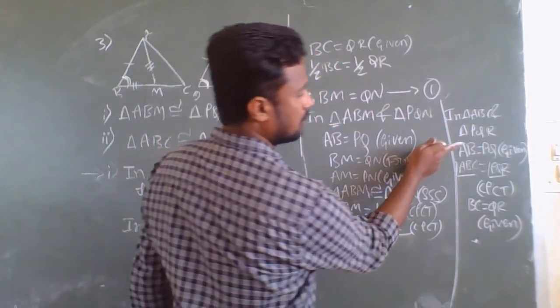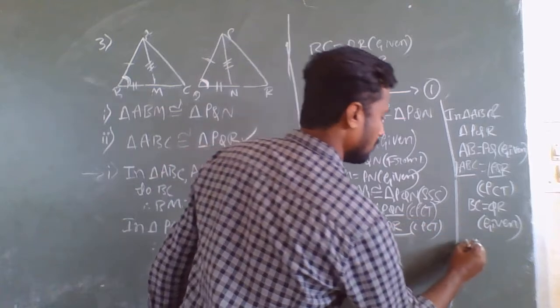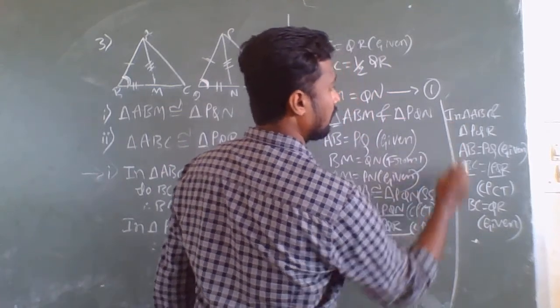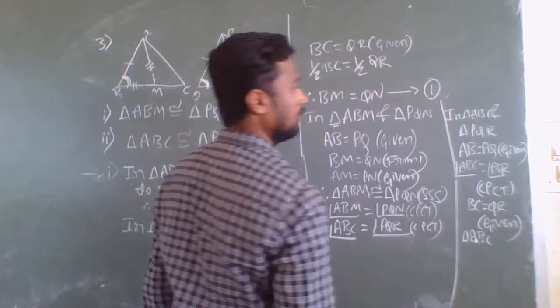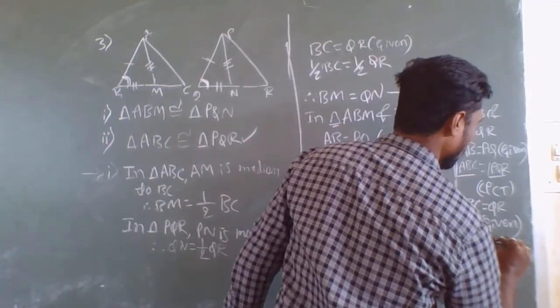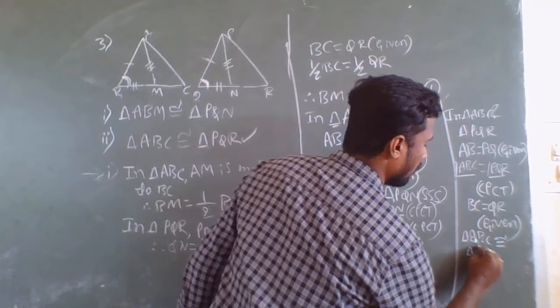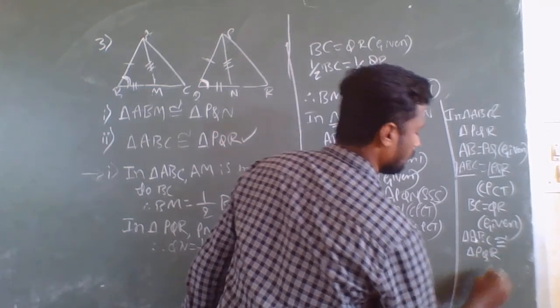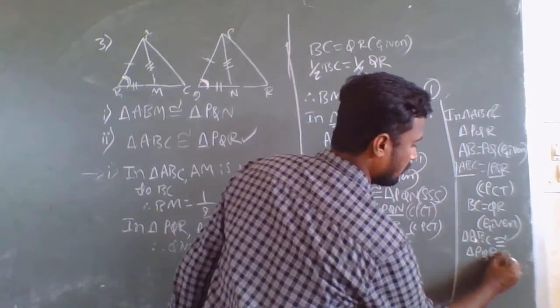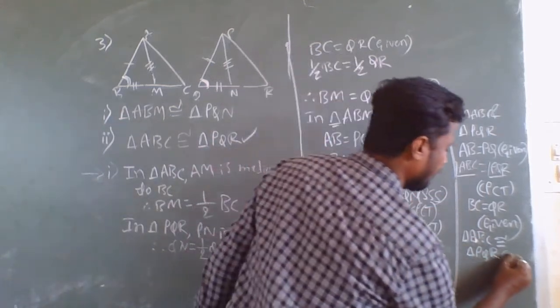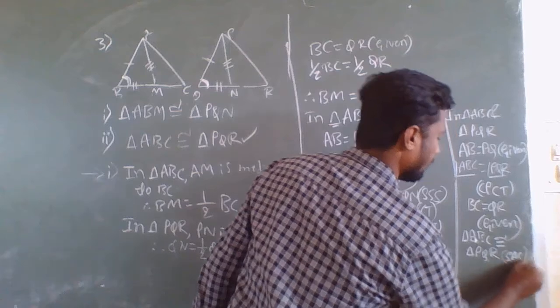Therefore, by side-angle-side, triangle ABC is congruent to triangle PQR by SAS.